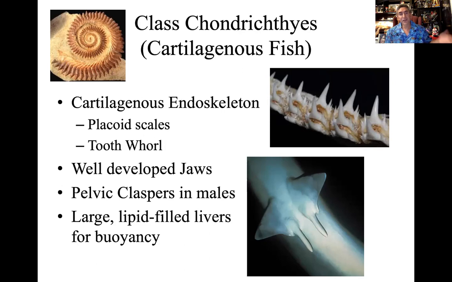Again, a logical step in the evolutionary process is to move from the jawless agnathan group to the jawed fish. So we're going to have well-developed jaws in all members of the Chondrichthyes. Males of this group will have paired claspers.